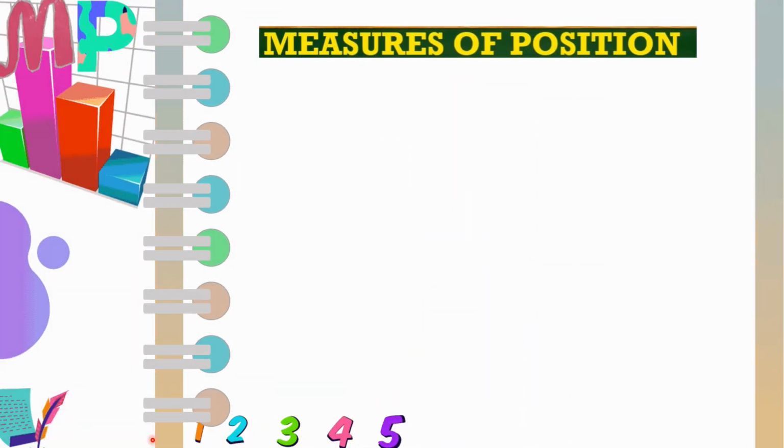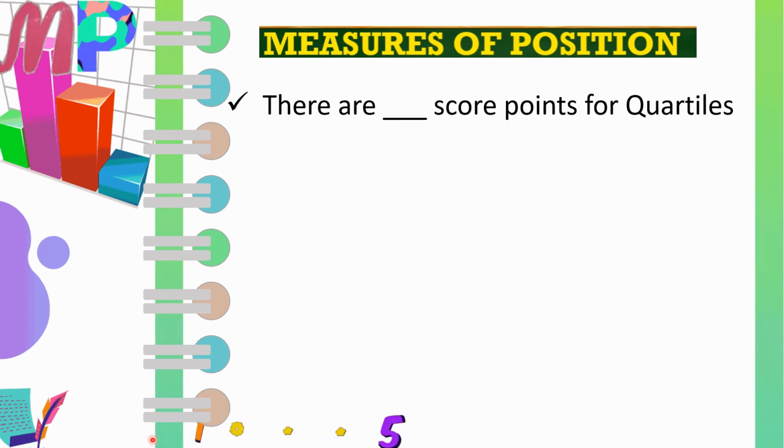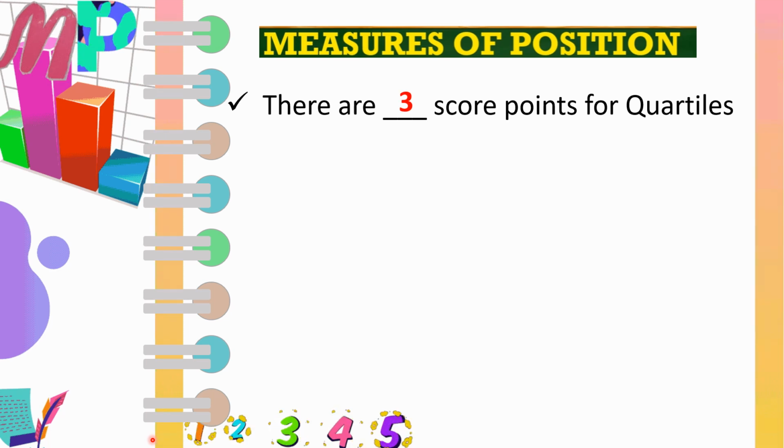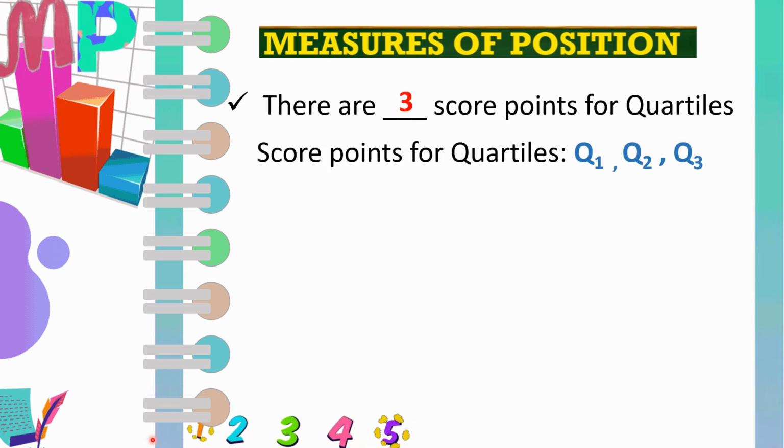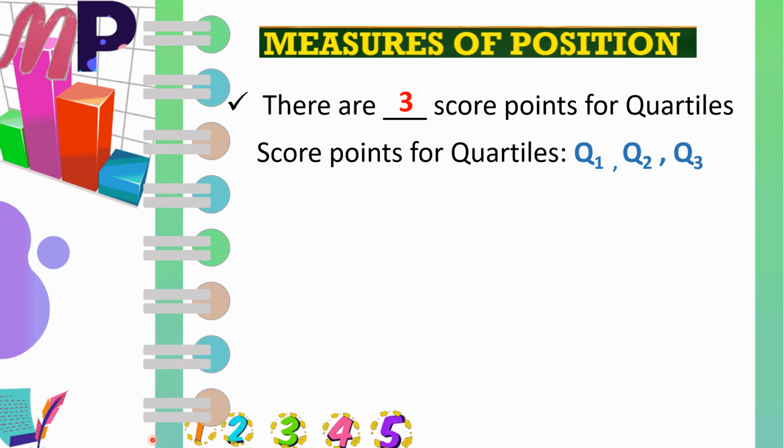Again, let us summarize the three measures of position. The first one is quartile. How many score points are there for quartiles? Yes, there are 3 score points. These are Q sub 1, Q sub 2, and Q sub 3.